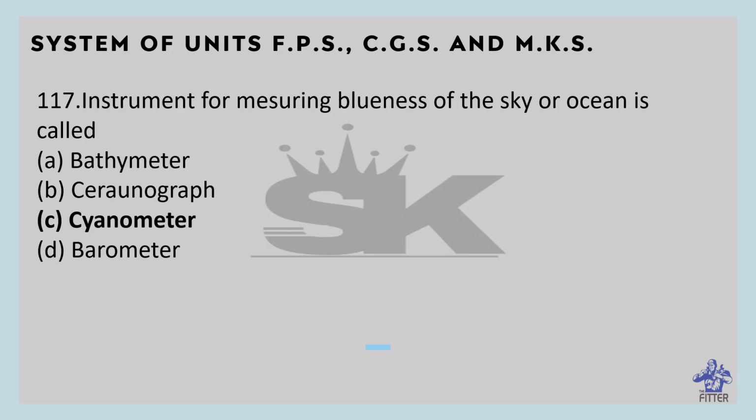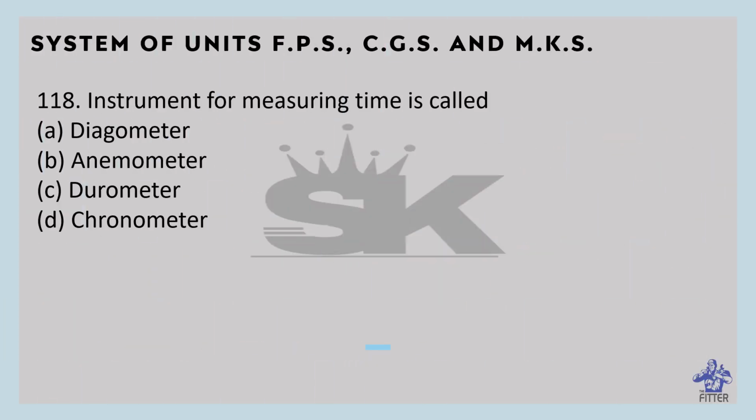Bathymeter measures the depth of water in seas or lakes. Instrument for measuring time is called chronometer. Durometer is used to measure the hardness of material.